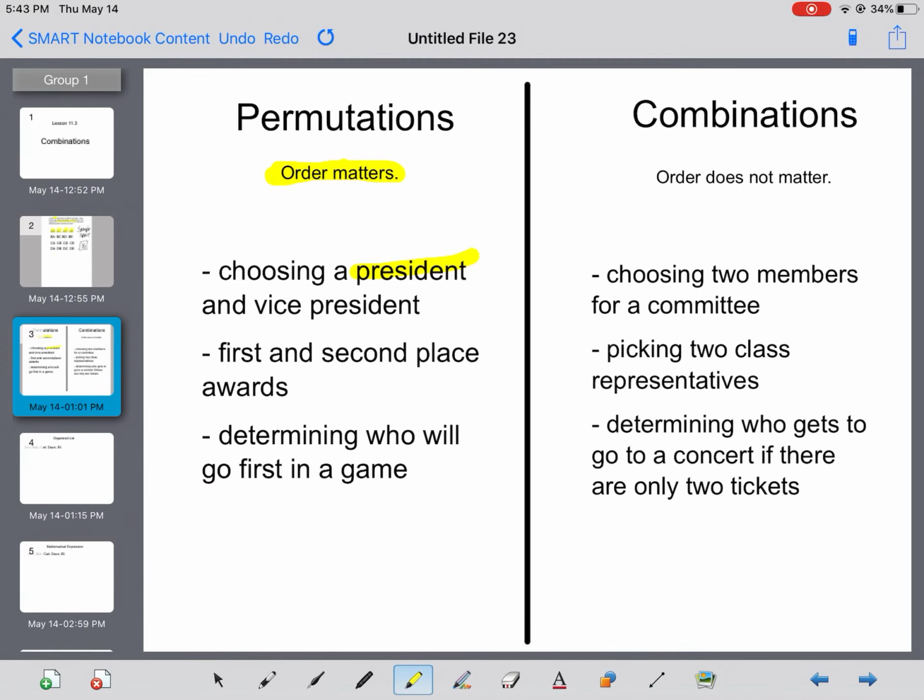First, I would vote in who I want to be president, let's say of a class. And then my second choice would be the vice president. If we picked Matthew to be the president of our class, that automatically means that he can't be the vice president, so there are fewer options for vice president. The order matters.